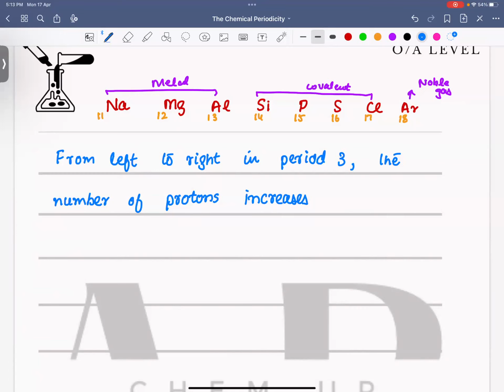But what happened to the number of shells? Same, sir, it will remain, because it's a period, so the number of shells remains the same, right?